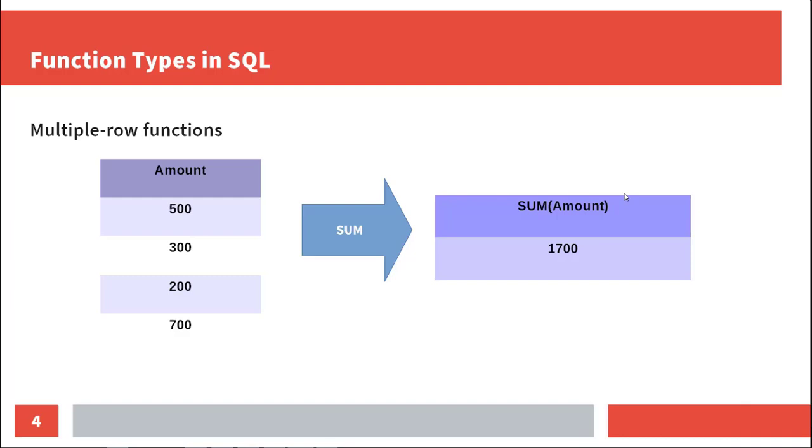For example, there's a multiple row function called sum, which gives us the sum of all the values for a certain field. Let's say we have the field called amount here, which has the values 500, 300, 200, and 700. If we apply sum on the field amount, it will return the value 1700.